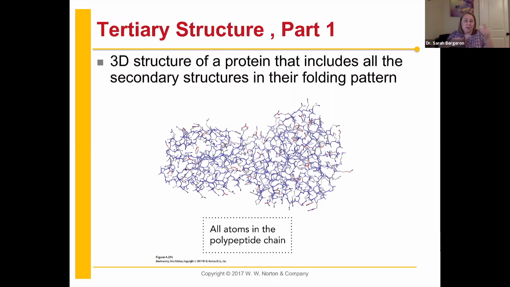And so the tertiary structure is the arrangement of those secondary elements, right? How many alpha helices do we have in a row? How are the beta sheets lined up? Parallel, anti-parallel. How many loops do we have? All that stuff put together is our tertiary structure.